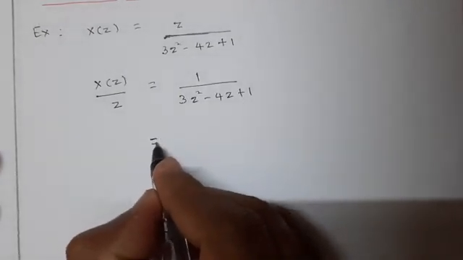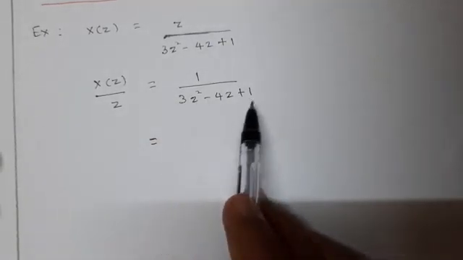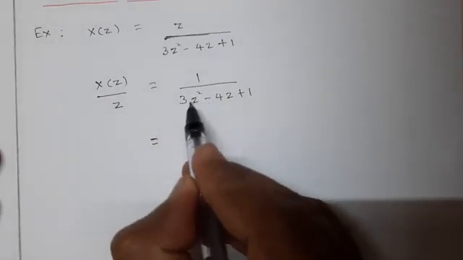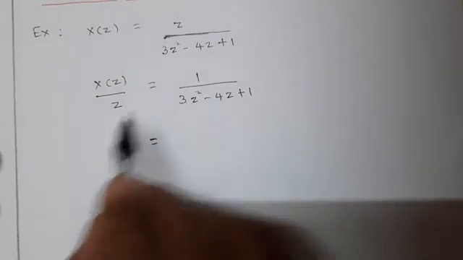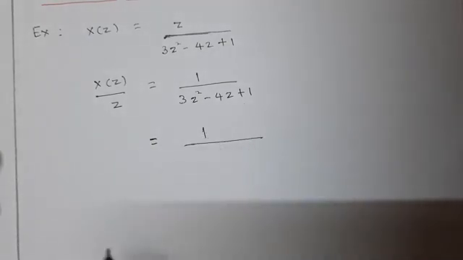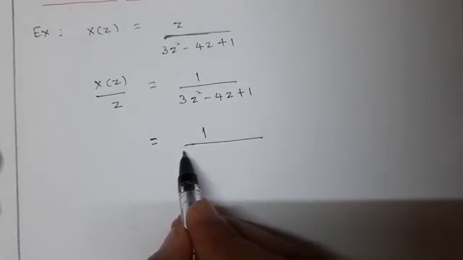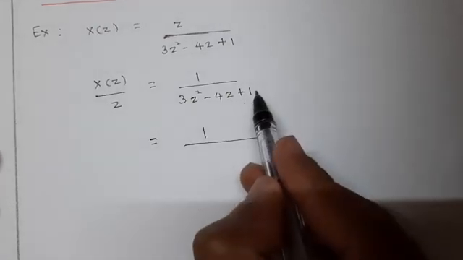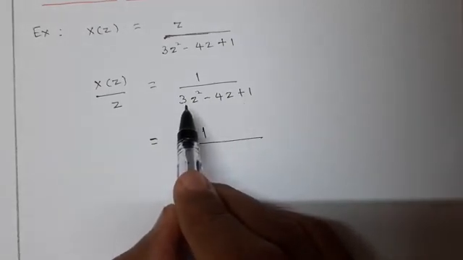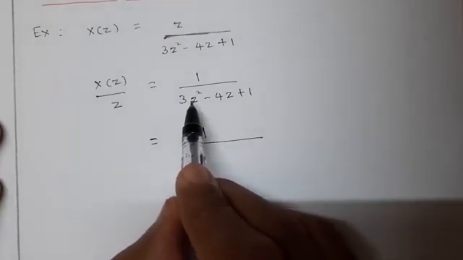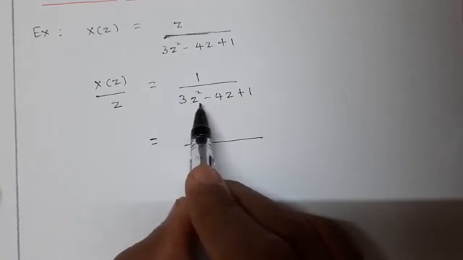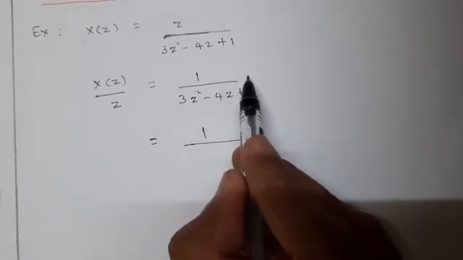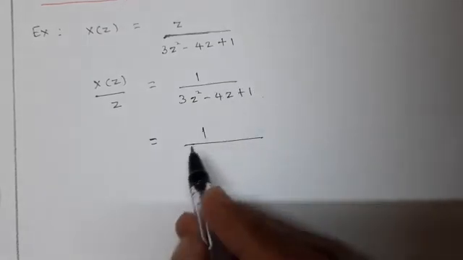After this, I am trying to find the roots of this. It is always easier when the coefficient of z square is 1, so that it is easier to separate these terms. If you want the coefficient of z square to be 1, then divide by 3 and multiply by 3.